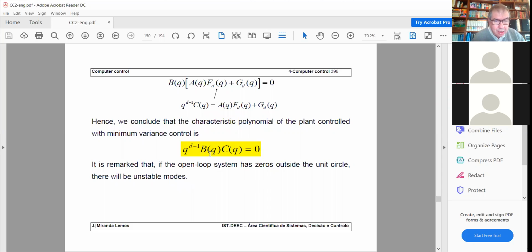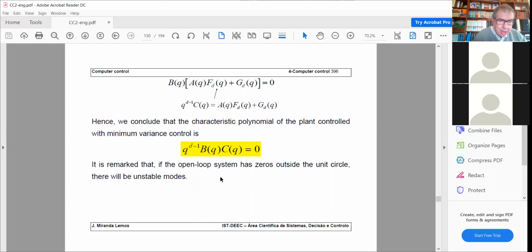That's the reason why we ask all the roots of B to be inside the unit circle, because otherwise we would have closed loop poles outside the unit circle. We have an unstable mode, and due to this pole zero cancellation, the output is okay, but the input is not okay. And then you have the remaining poles at the origin.